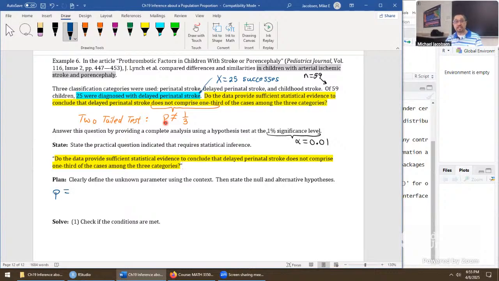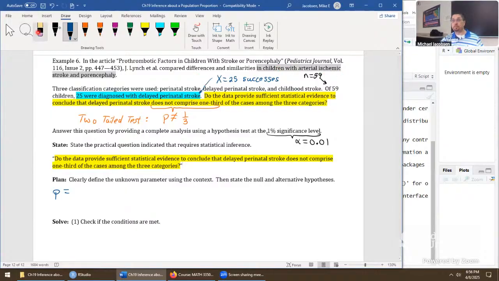We have two things we need to incorporate here. What is a success? We kind of indicated it here by pointing at it with X, saying it's successes. We also need to know what the population is. It said of 59 children. Well, that came from a population. The study said that the authors compared differences and similarities in what would be a population of children with that one condition.